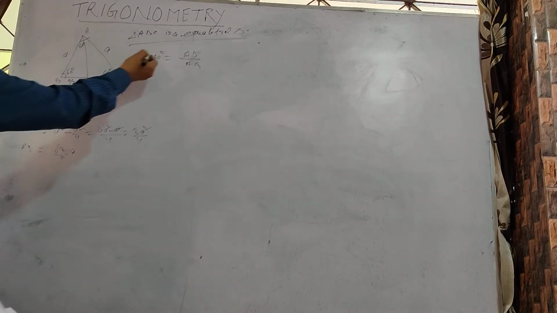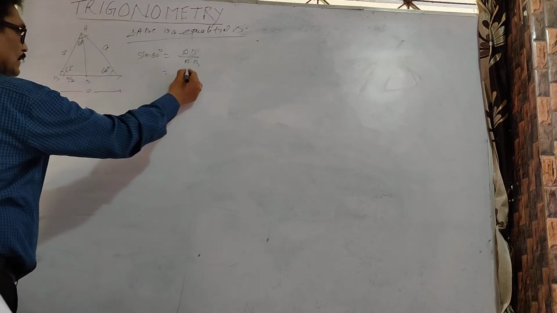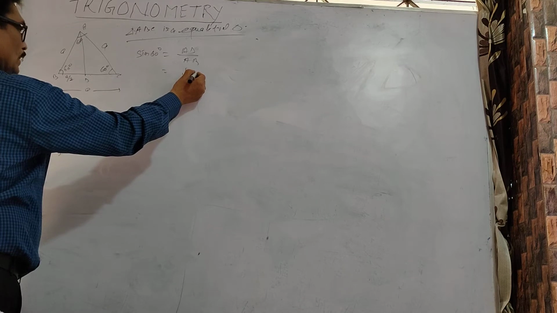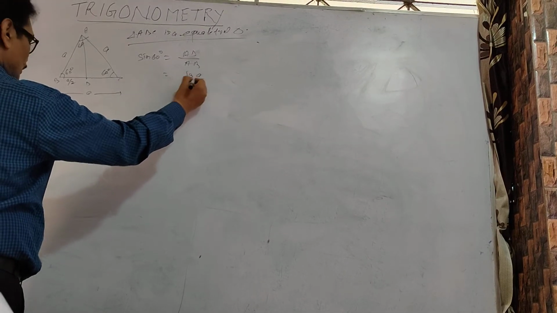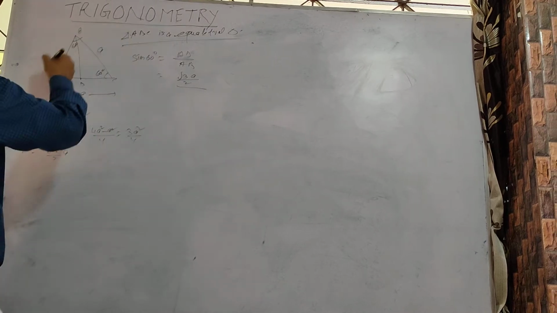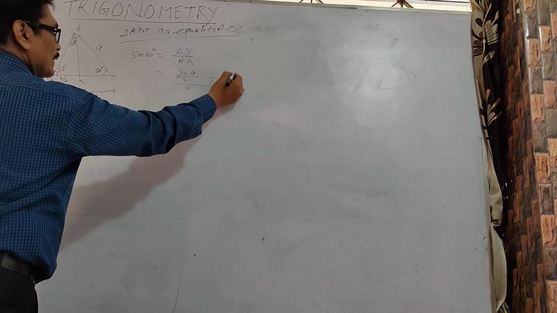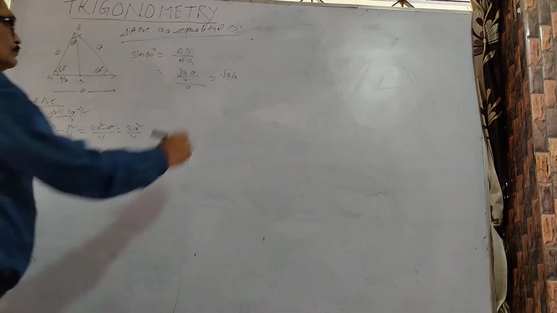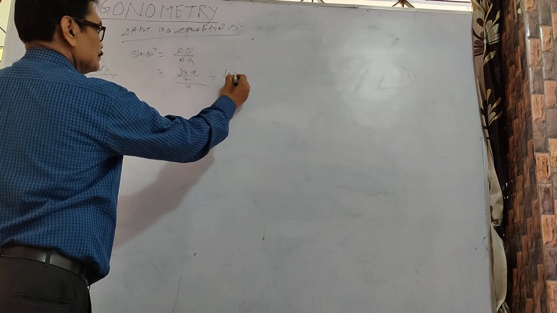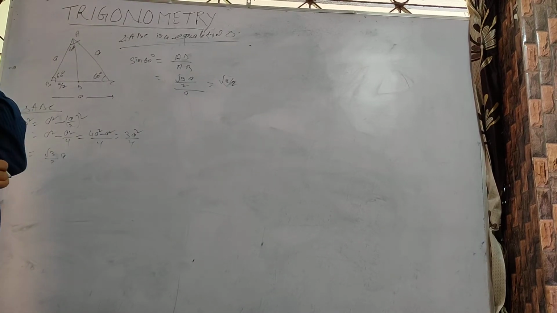So sine 60 degree is AD upon AB. So we can write root 3 A upon 2 divided by AB. AB is A. So sine 60 degree is root 3 by 2.